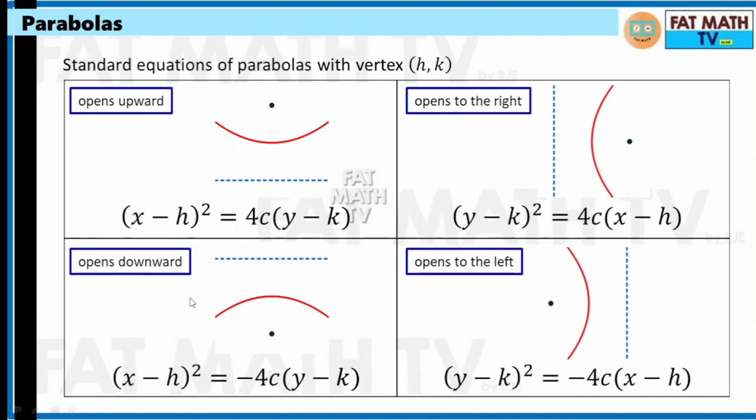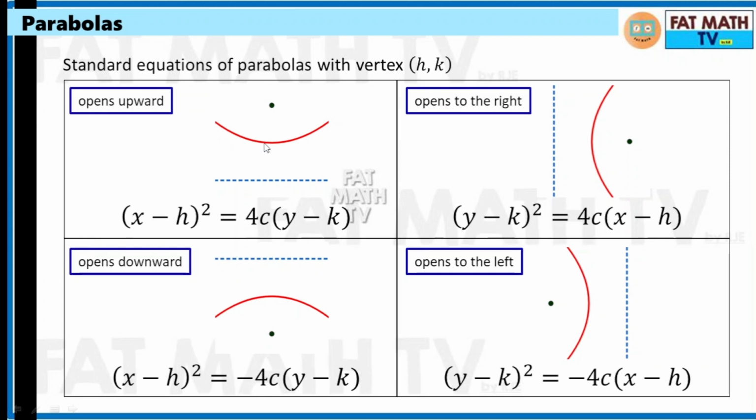If the parabola opens downward, you will get a negative number here. If the parabola opens to the right, you will have (y minus k) squared equals 4c times (x minus h). If it opens to the left, it's just a negative here. If x is being squared and y is not, the parabola either opens upward or downward, and the sign of the number tells you which.